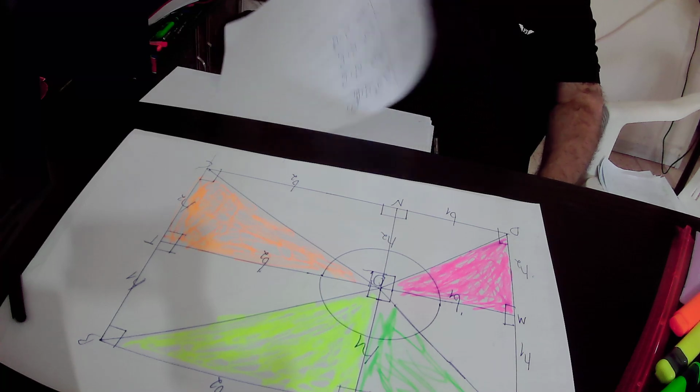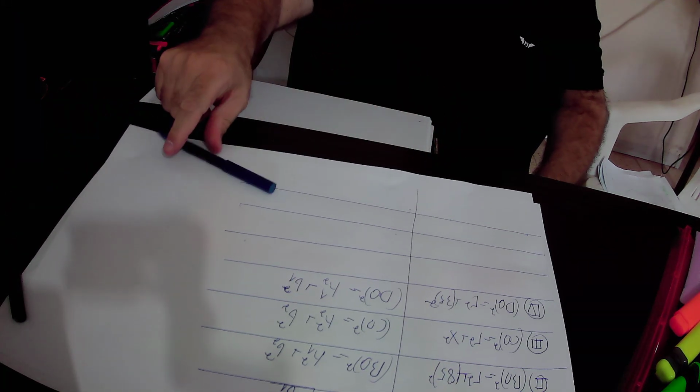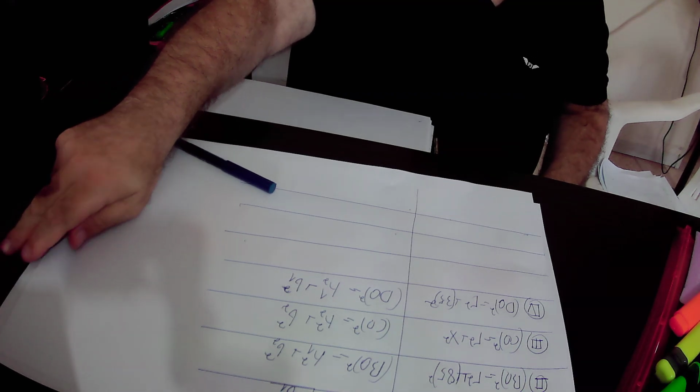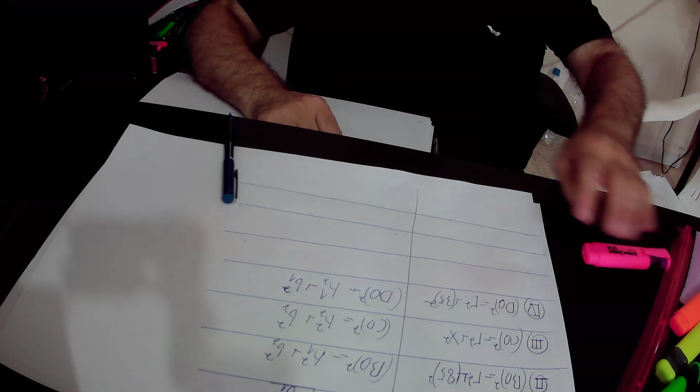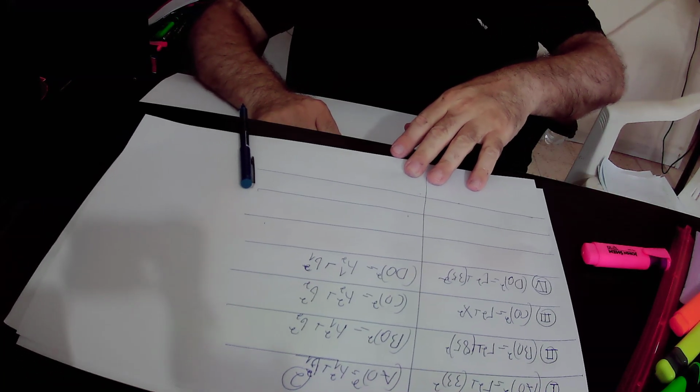So we created here another 4 formulas, 4 equations for AO squared, BO squared, CO squared, and DO squared.